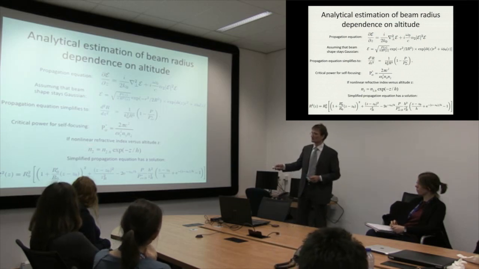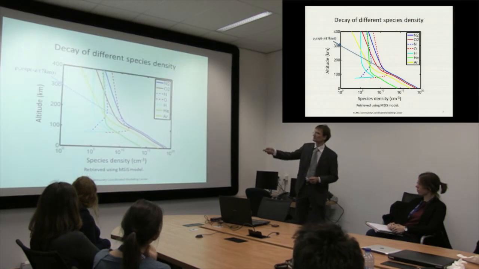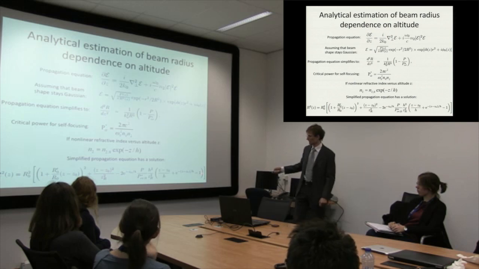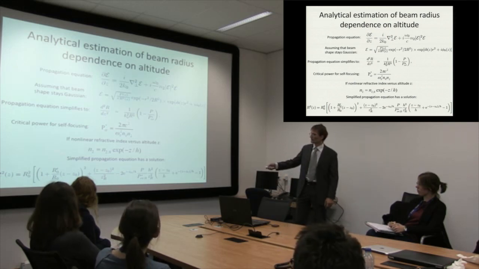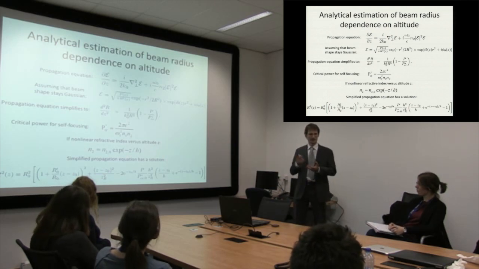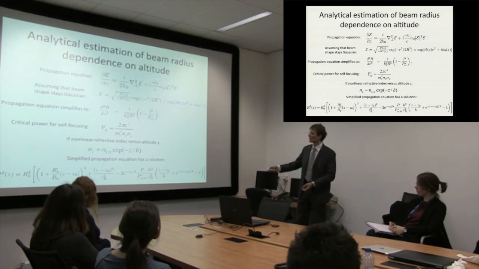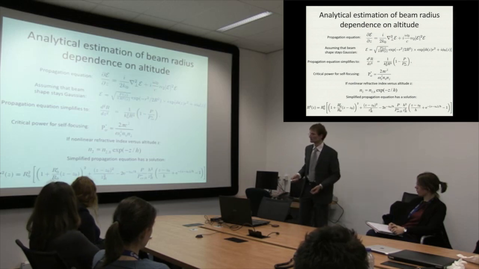If you write that the nonlinear index or the Kerr effect depends on the height, which I wrote here, that's in this one, exponentially decaying, we can find the solution. It is quite complex, but still it is a solution. And as I said, it is a simplification, but we have a Gaussian beam, which reshapes into just a Gaussian, and we have an exponential decay of our species, or the density.